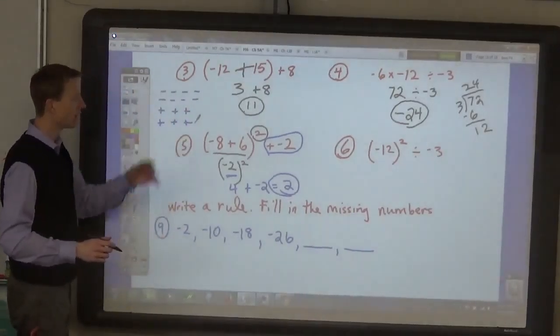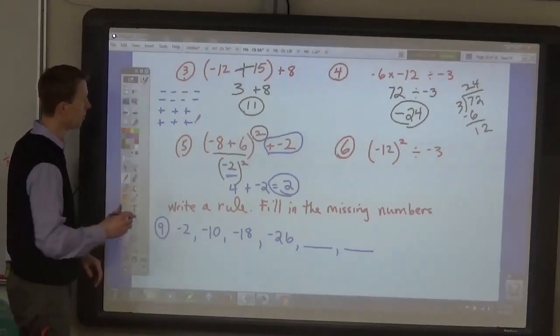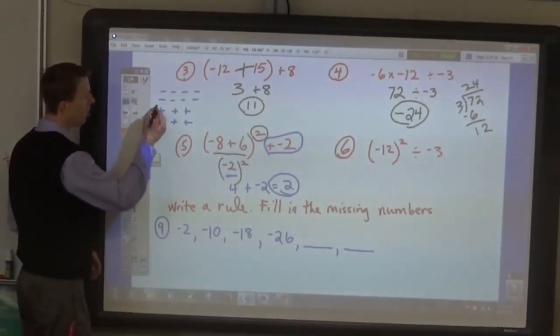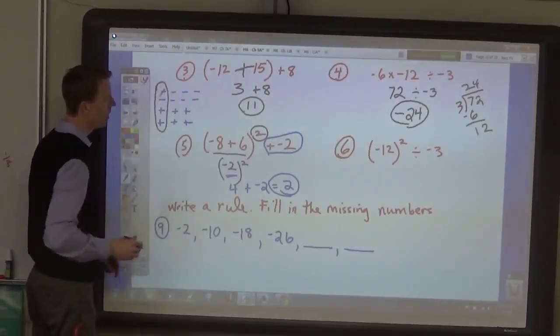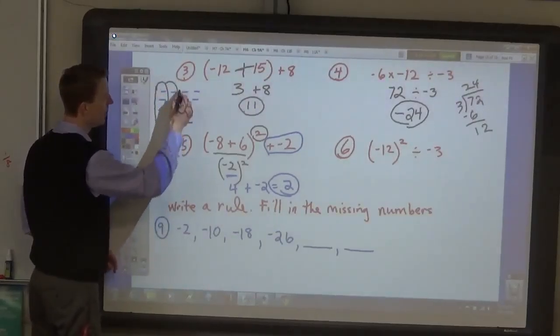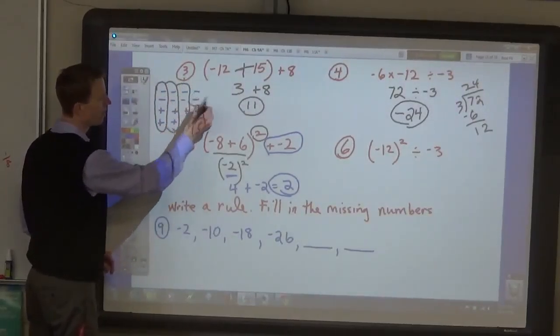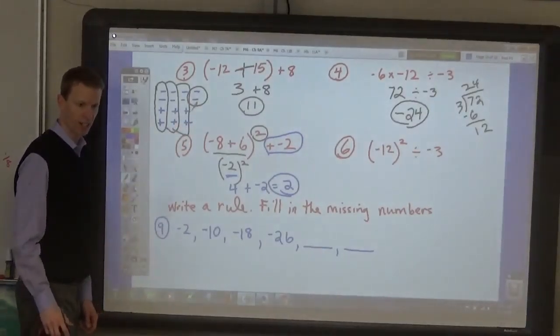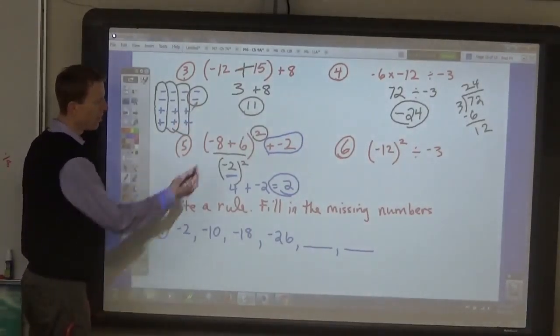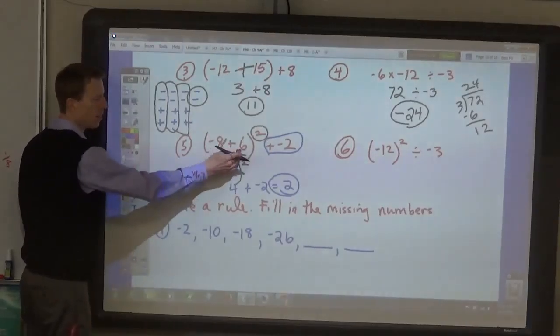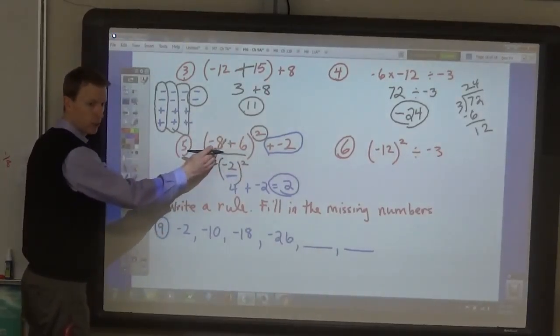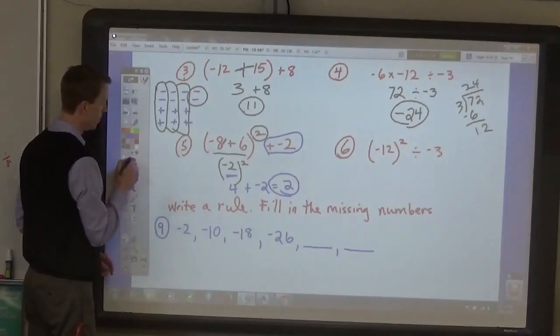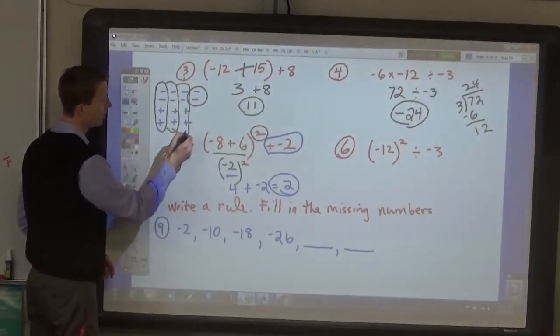The positives cancel out the negatives, don't they? So 2 of these cancel out 2 of these. What's left? 2 negatives. Okay? Since we canceled out 6 negatives, we're left with 2.